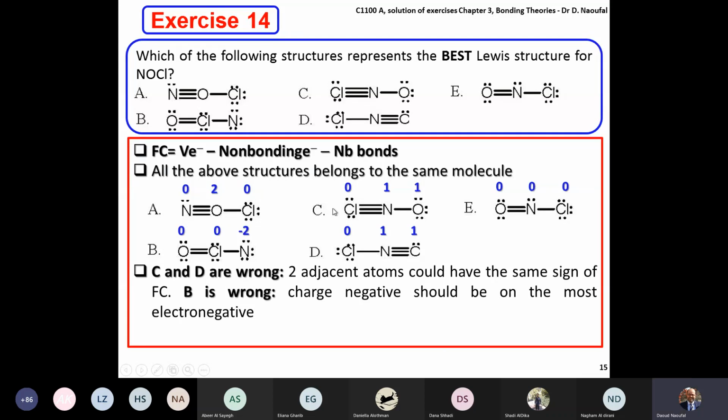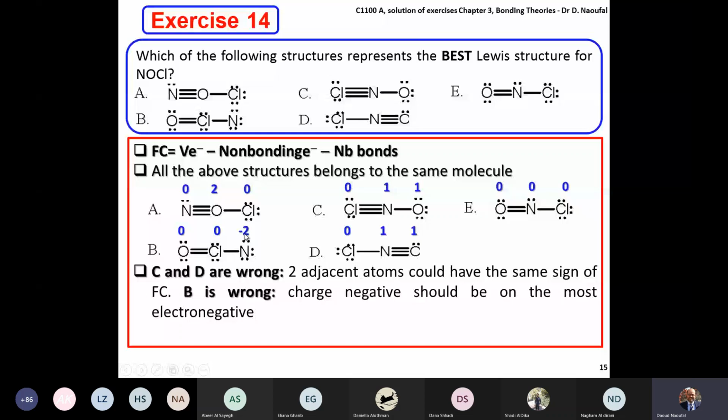Now D is wrong, since we cannot have two adjacent atoms with the same sign of formal charge. Also B is wrong.